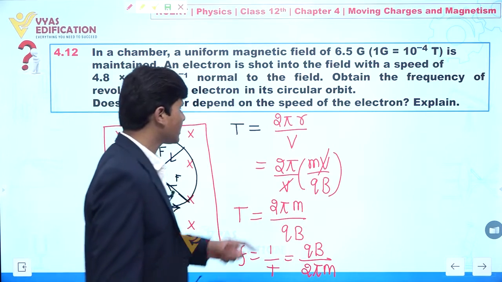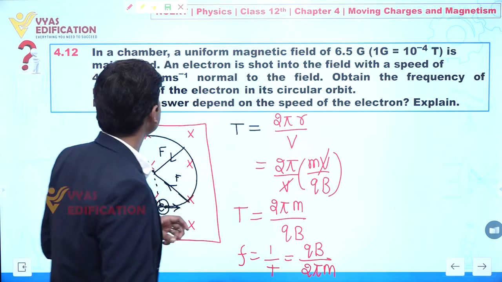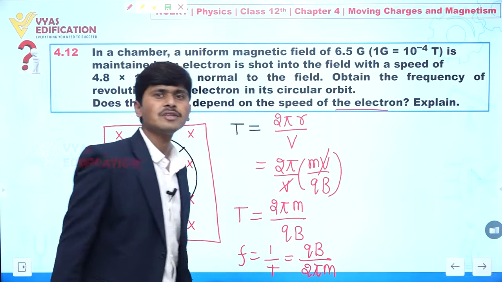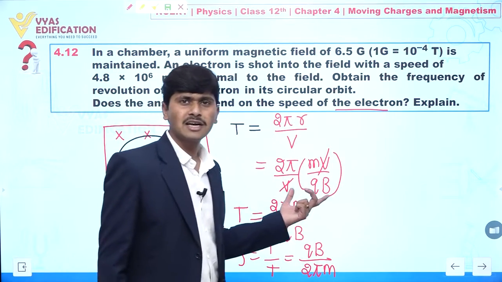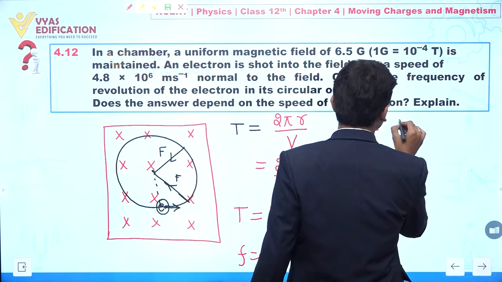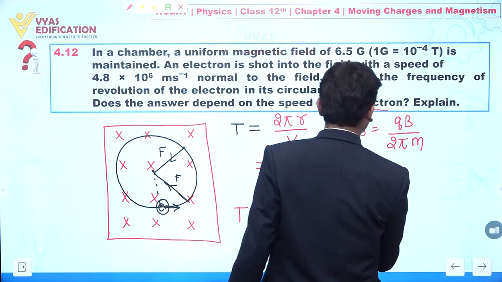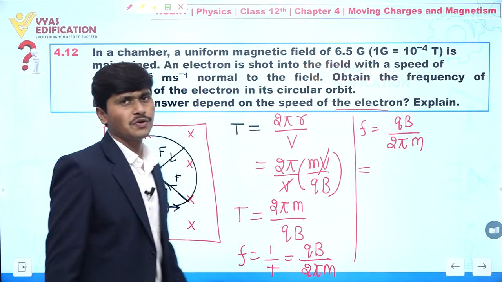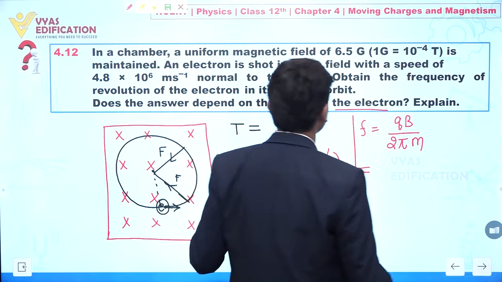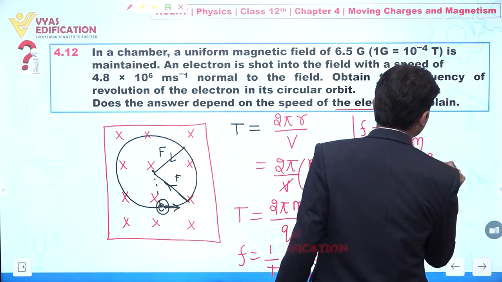Now here the velocity term is cancelled out. Does the answer depend on the speed of the electron? No, because the term of speed is cancelled out. So we can write frequency as qB divided by 2 pi m. The value of q, the charge of an electron, is 1.6 into 10 to the power minus 19.